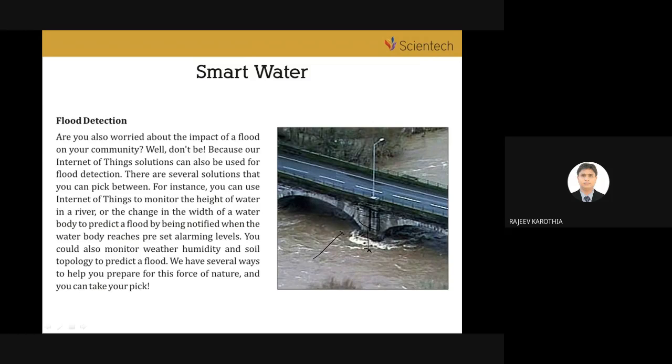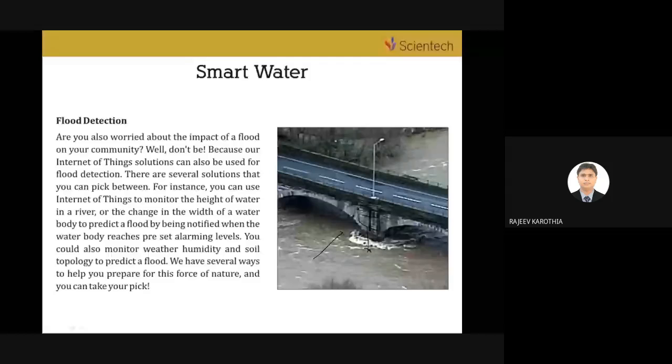There are some devices, but we need improvisation on the devices so that we can get accurate results, and we can make some application with that. We can get the exact or correct information for flood detection.